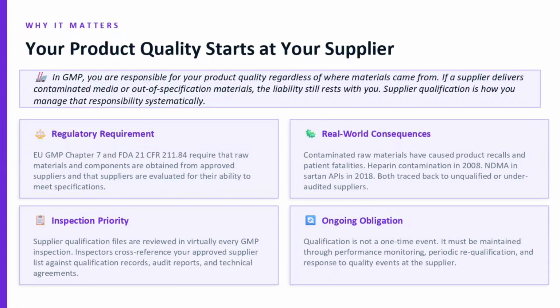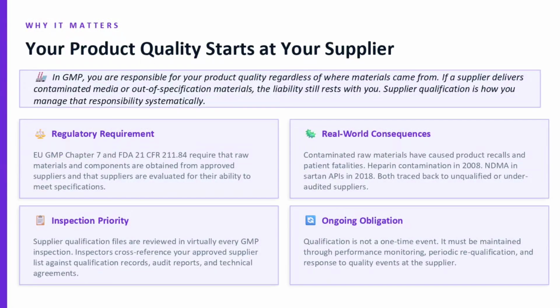In 2018, NDMA contamination in sartan APIs affected patients across Europe and the US. Again, the root cause traced back to process changes at API manufacturers that were not notified to customers and were not detected because adequate supplier oversight was not in place. These events directly led to significantly tighter FDA and EMA expectations around supplier qualification and oversight.